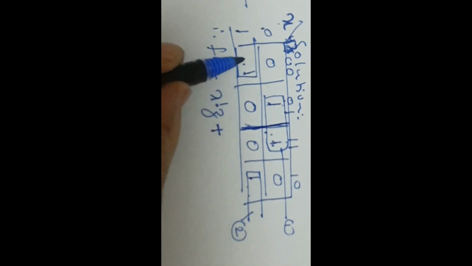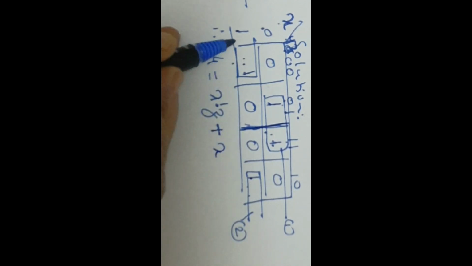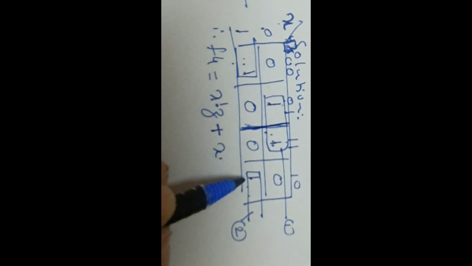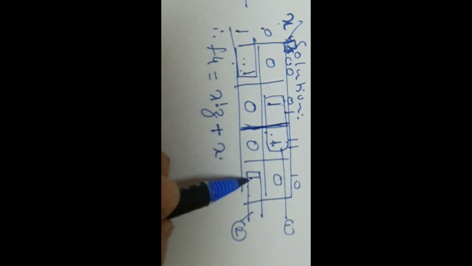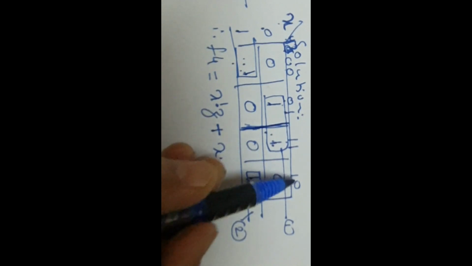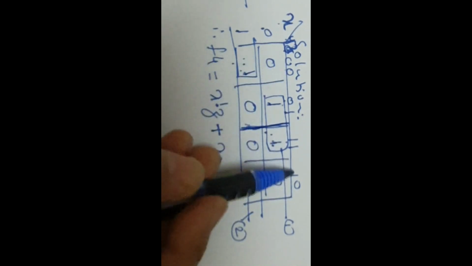With respect to second group, these two ones, X is common. And column wise, this column and this column, because members of second group, two ones are there. So to cover both, for covering this one, this column. Here 0, 0, 1, 0.